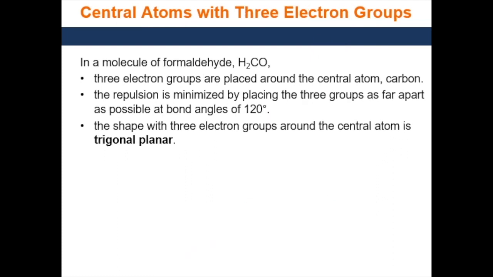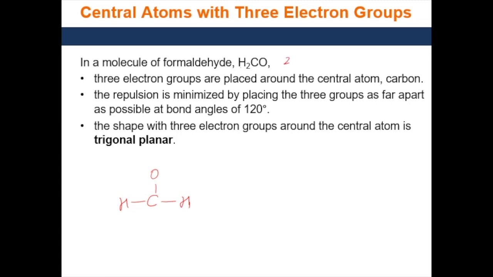The next example, I think I'm missing an example right here, is H2CO. If you were to draw the Lewis structure of H2CO, it would consist of C, O, hydrogen, hydrogen. Let's draw the Lewis structure. How many total electrons does this consist of?